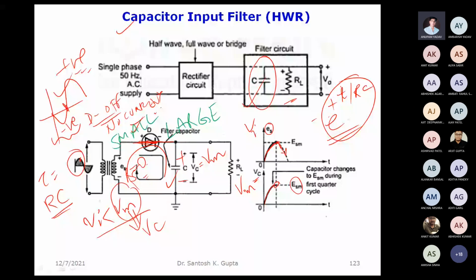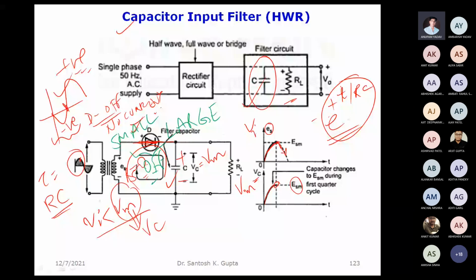It makes the diode turn off. After the input signal goes to the peak value, the diode becomes off because of this reason.